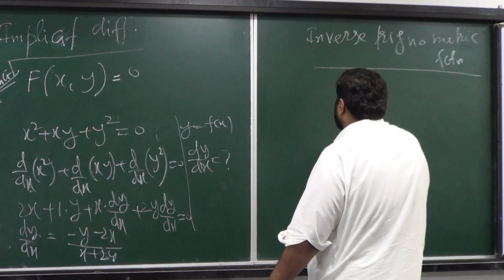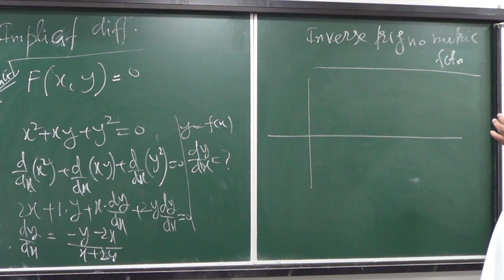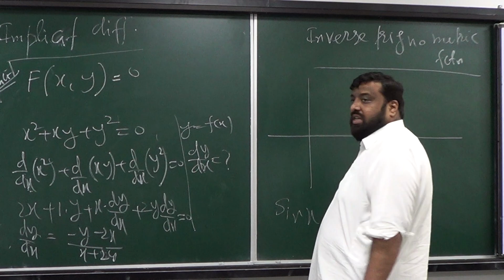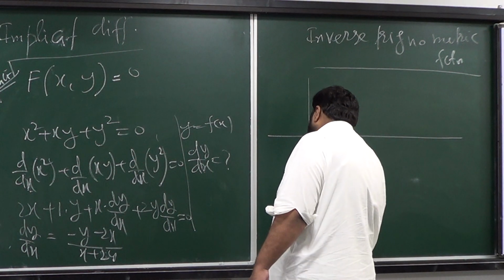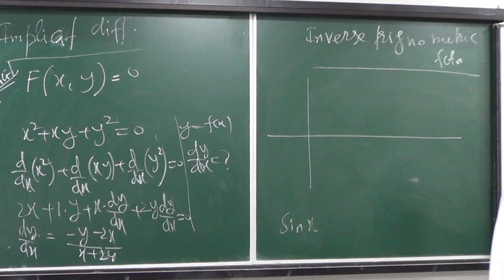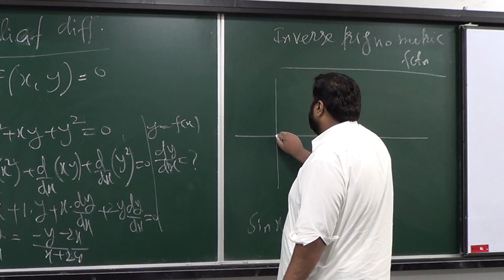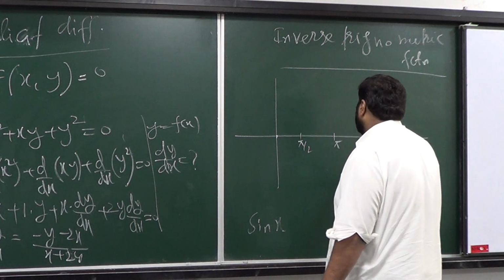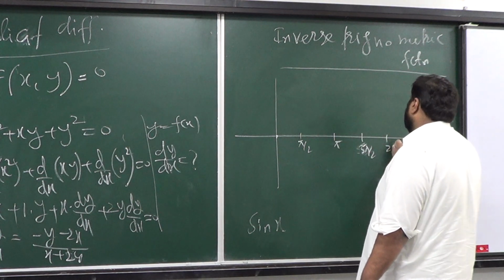And how did we, for example, do it? Imagine I have a function, say sine x. Then I know that this sinusoidal function starts from 0. So if this is 0, this is pi by 2, this is pi, this is 3 pi by 2, and this is 2 pi.